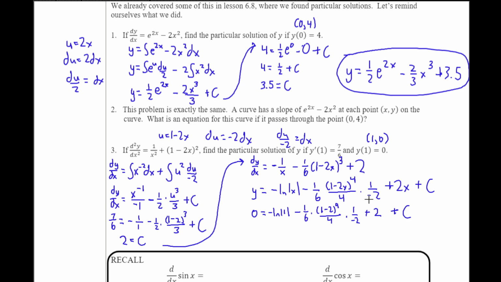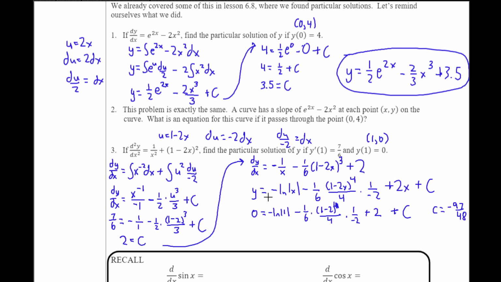Sorry, this is a 4 here. It's kind of hard to see. That's a 4. I'm not going to spend time in the video doing all these computations, but if you isolate the c, simplify all this and move it to the other side, you get c equal to negative 97 over 48, which is just a little below negative 2.